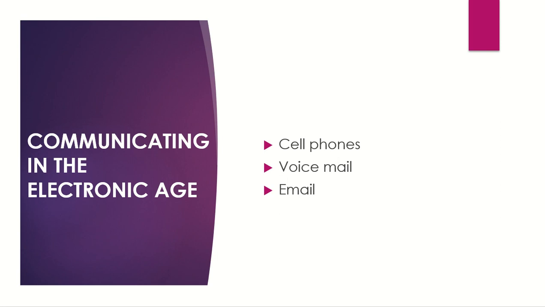So you see things like mobile phones are used, cell phones are used, right? You see things like voicemail is used, things like email is used. But there are different things that you need to understand when using all of these things. I'll call it a set of etiquettes, rules that you need to understand when you're using these tools for communication.